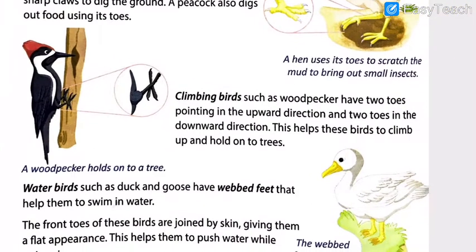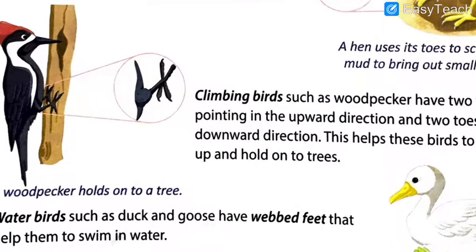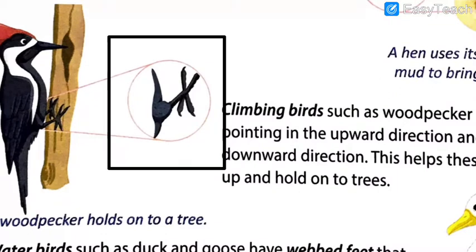Next are climbing birds. Climbing birds such as woodpecker have two toes pointing in the upward direction and two toes in the downward direction. Now as you can see here in the picture, a kind of stand is there.